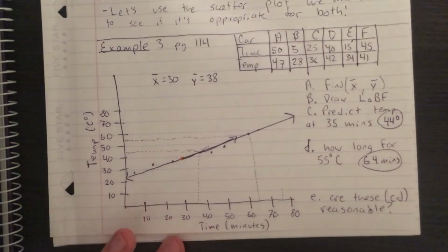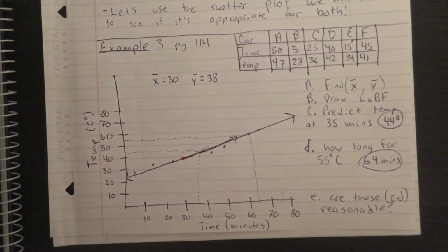And again, your graph may be a little bit different than mine because my scaling obviously isn't perfect, because I'm not doing this on graph paper or anything of that sort.